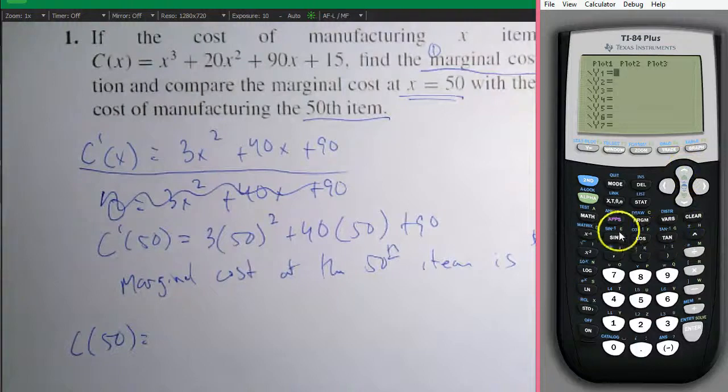So y1 will be x cubed plus 20x squared plus 90x plus 15.